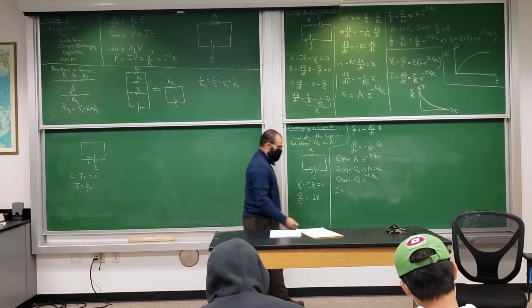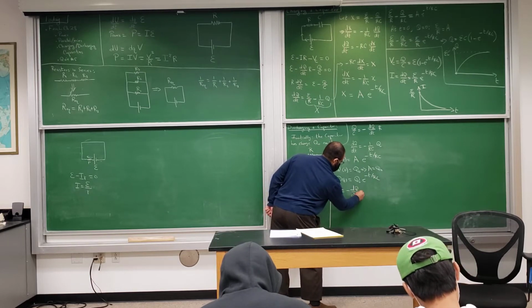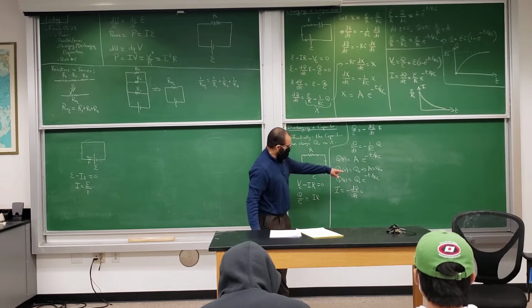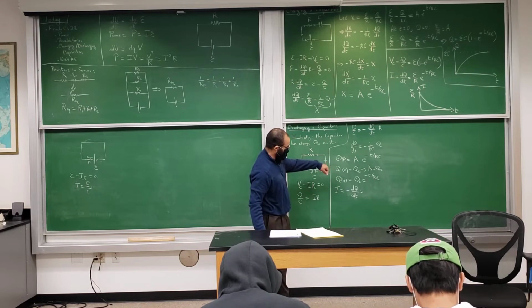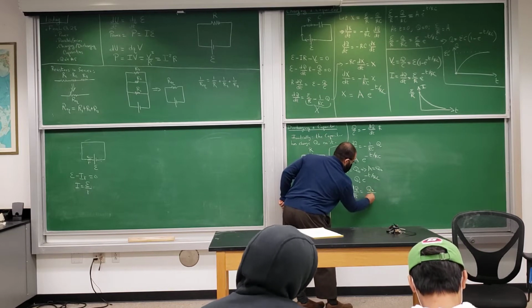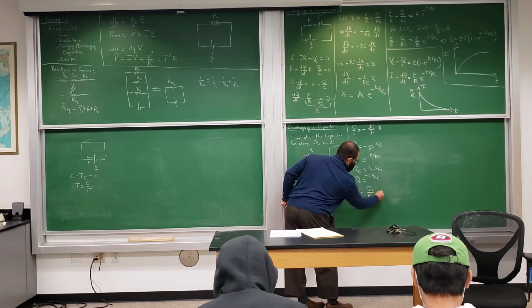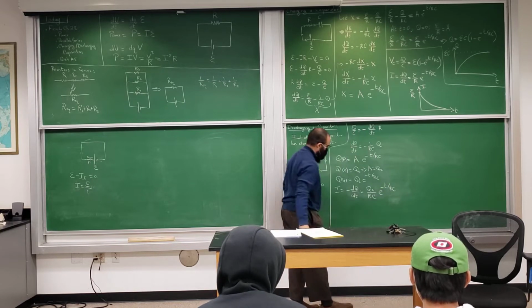Negative dQ/dt. Minus dQ/dt. Take the derivative, you get minus 1 over RC, but the minus sign will take care of that, so it becomes plus. So it's Q0 over RC e to the minus t over RC, right?